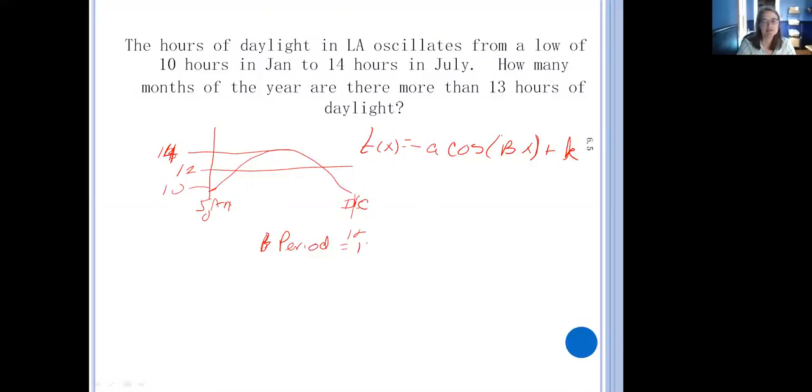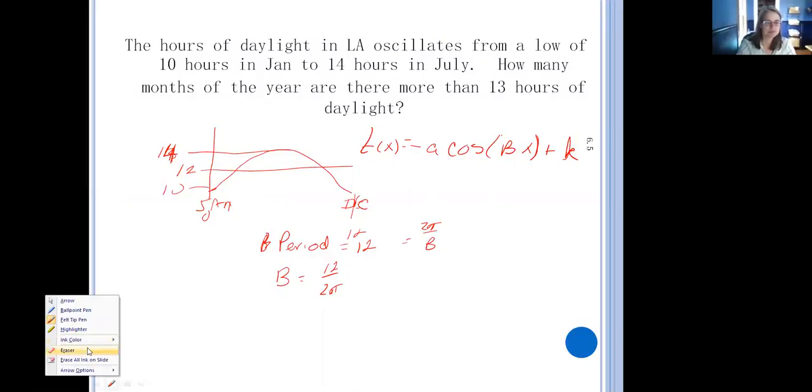Of 12. We know how to get to B then. This will equal 2 pi over B. So B is going to be 12 divided by, oops, I got that upside down.